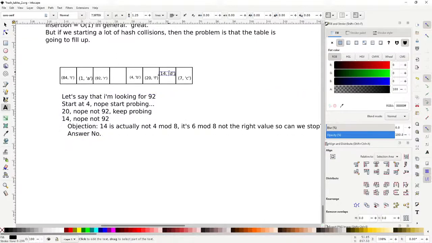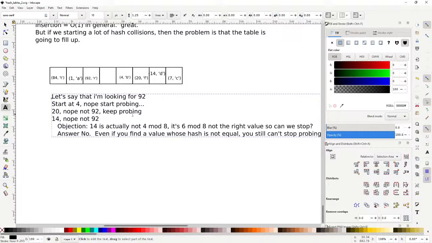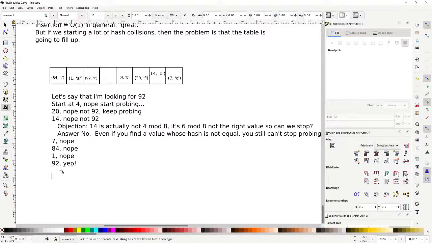So even if you find a value whose hash is not equal, you still can't stop probing. So let's keep probing. 7, nope. 84, nope. 1, nope. 92, yep. So that's how you would find it. Now if you look at this and you say, what's the time complexity of this, right?